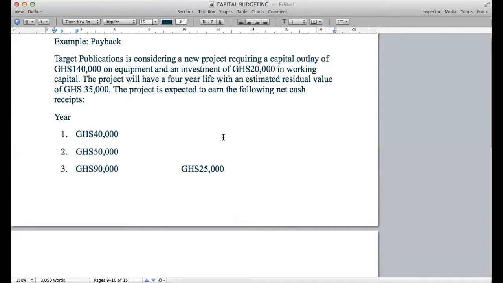Two, the accounting rate of return. Good.